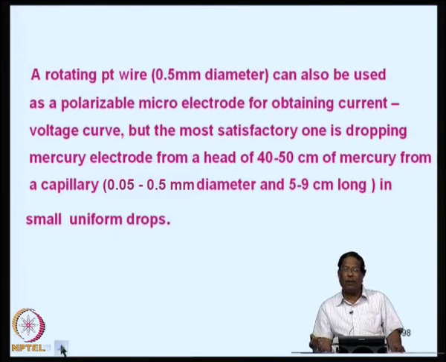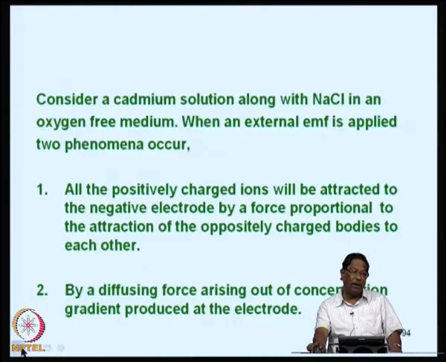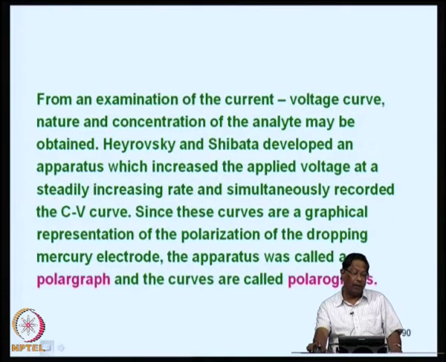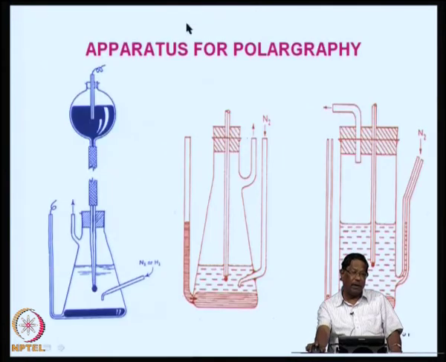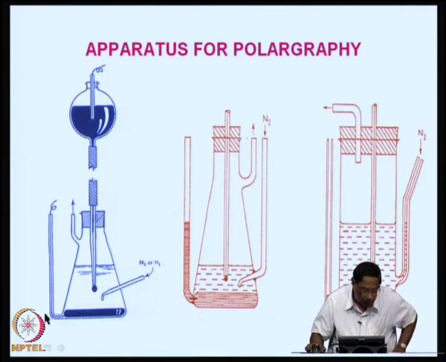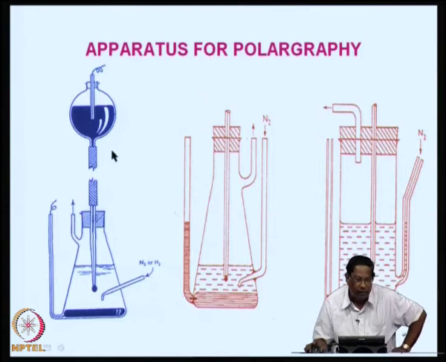But the most satisfactory one is the dropping mercury electrode from a head of about 40 to 50 centimeter of mercury. You should remember this figure, that is the height in this figure from this point to this point is about 40 to 50 centimeters, and the idea of taking a large quantity of mercury is to see that there is no apparent decrease in the height of this column due to the falling mercury drops.